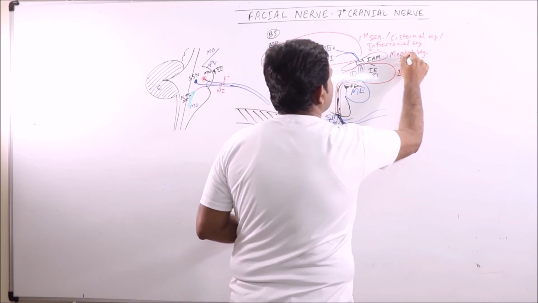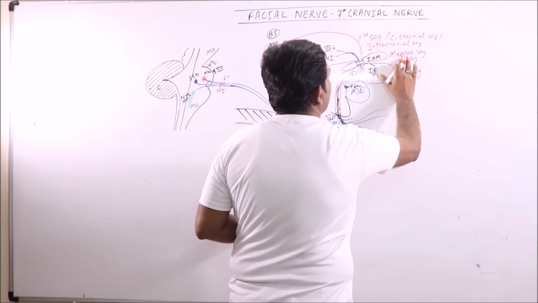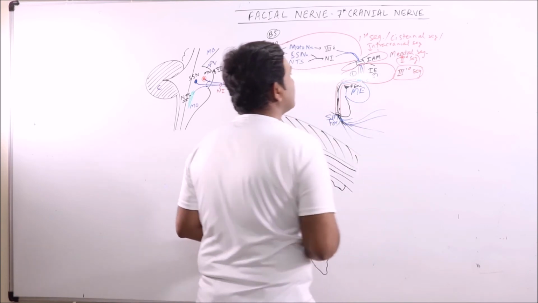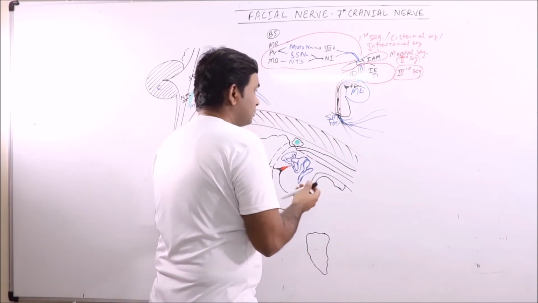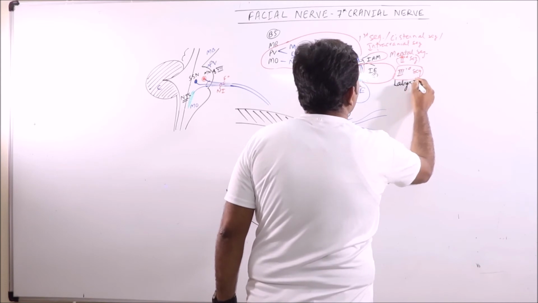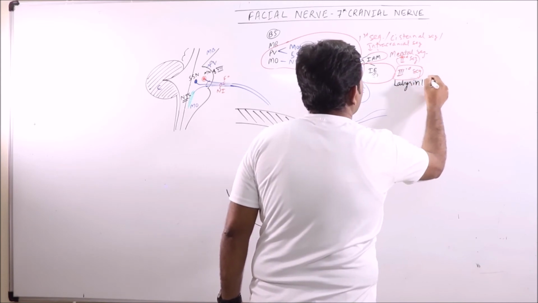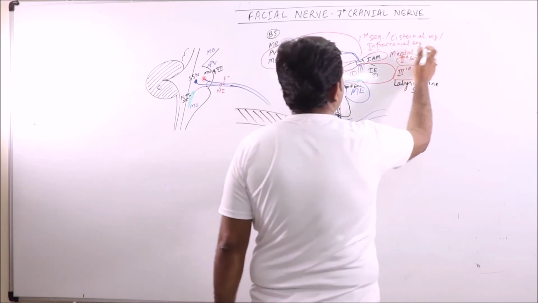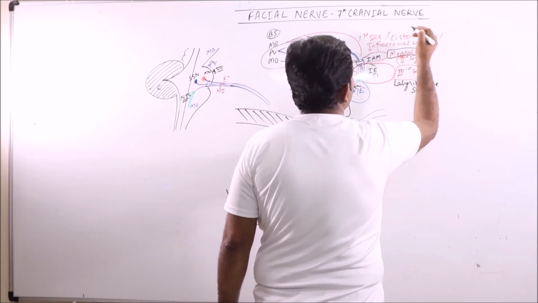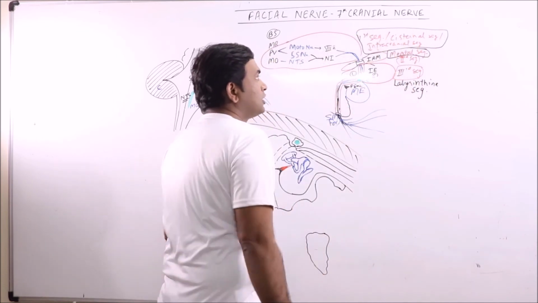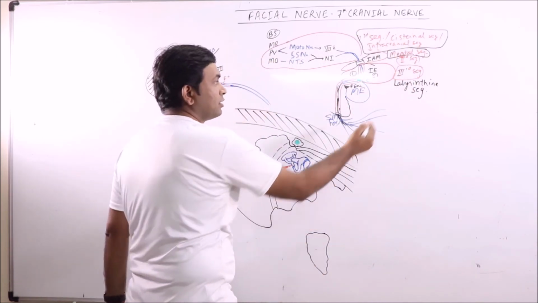This was the second segment and this is the third segment. The third segment is known as the labyrinthine segment. The second segment is the meatal segment and the first segment is the cisternal segment or intracranial segment.